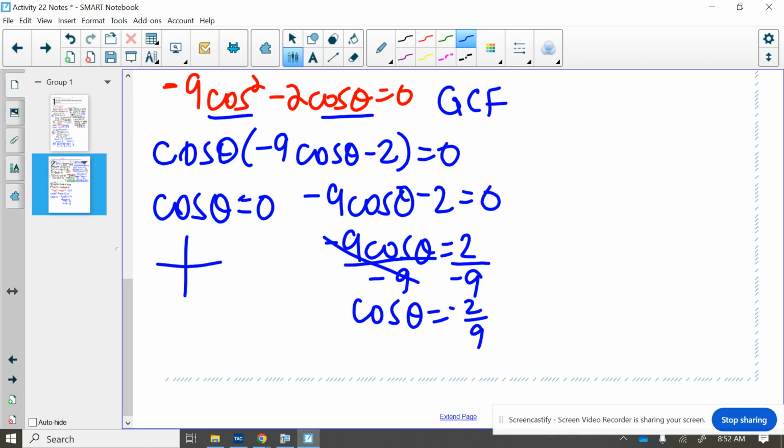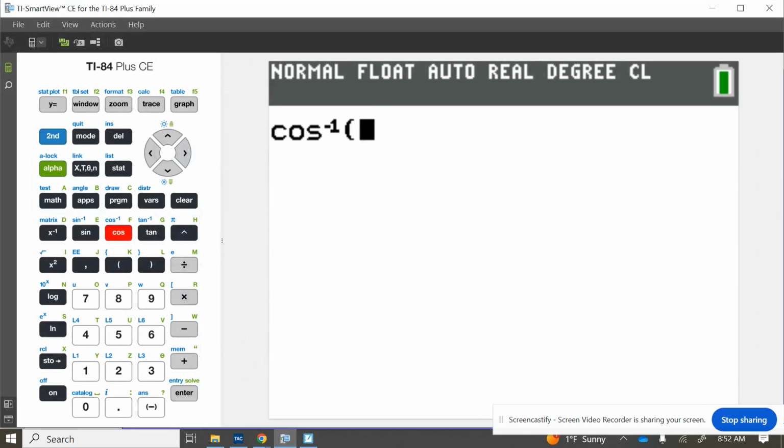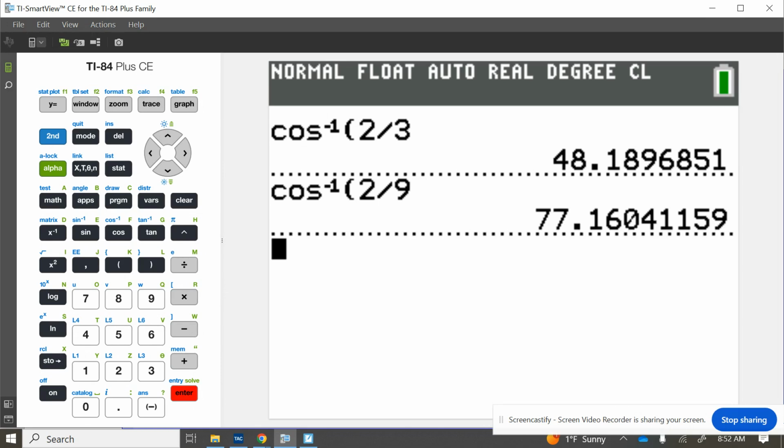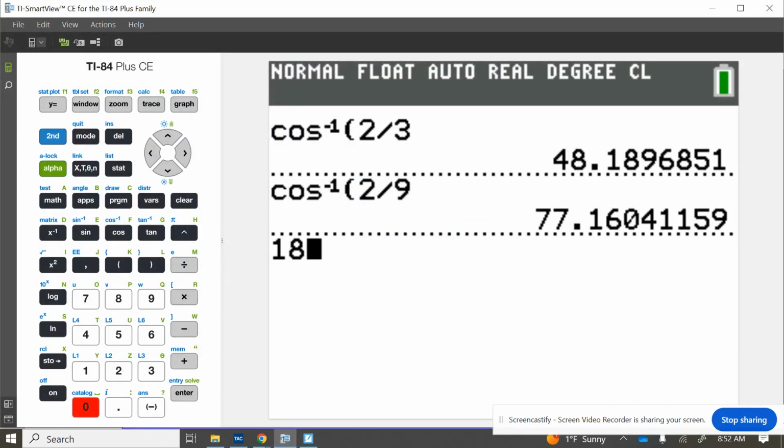Well, cosine is equal to 0 in two spots, right? Up at 90 degrees and down at 270 degrees. And then cosine is going to be negative in quadrants 2 and 3. So we need to find our reference angle. So we're going to use positive 2/9, oops, not 2/3, 2/9. And we get 77.2 degrees. However, we know that the answers actually are coming from quadrants 2 and 3.